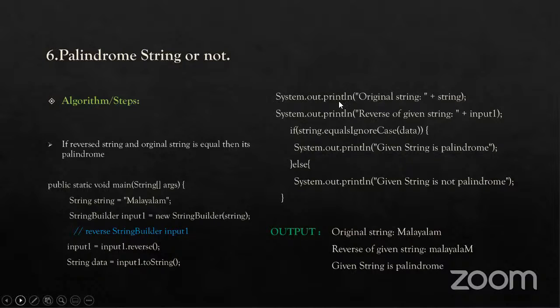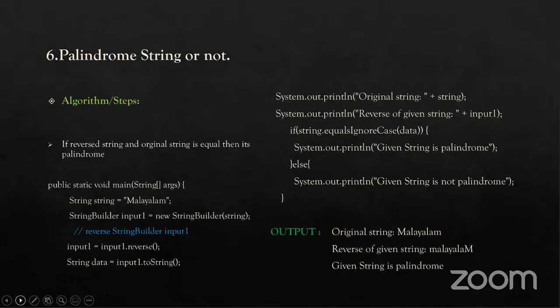I am printing the original string and the reversed string just for your understanding. Then I am comparing whether these two strings, the original string, Malayalam, stored inside string, and the reversed string, now inside data, are equal.